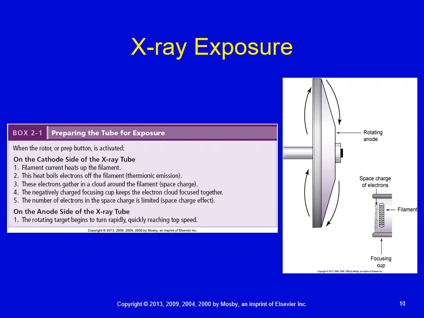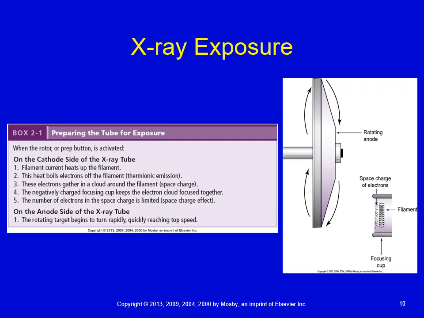The negatively charged focusing cup that surrounds the filaments will also surround the electrons, with the exception of the side which faces the front. The front is open. So the cloud itself is going to be forced back together, because we know the electrons want to get away from each other because they have a negative charge and negatives repel each other.